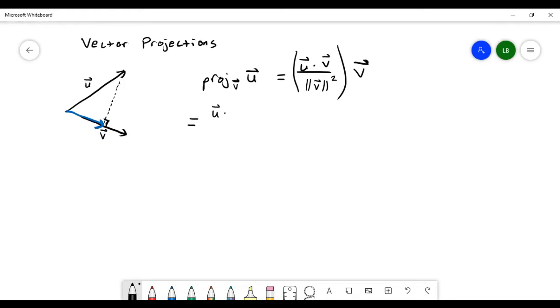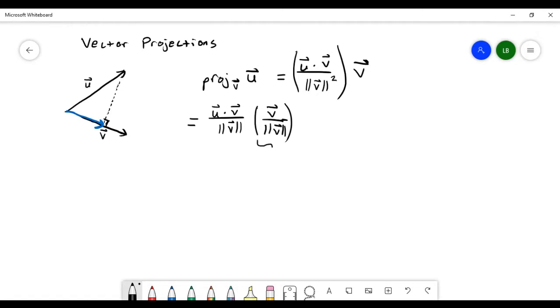This is equal to u dotted with v over the magnitude of v, times v over the magnitude of v. All I did here is move one of the magnitude of v's in the denominator over to be under this vector v here.